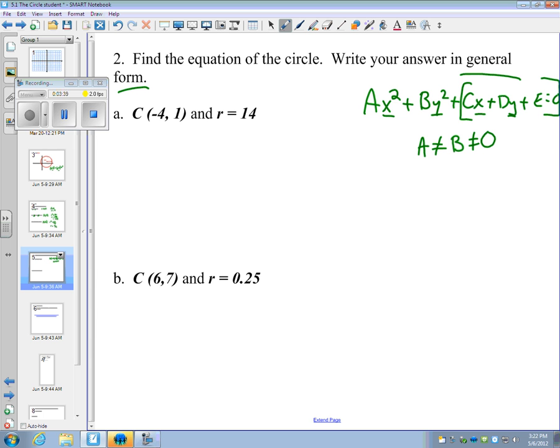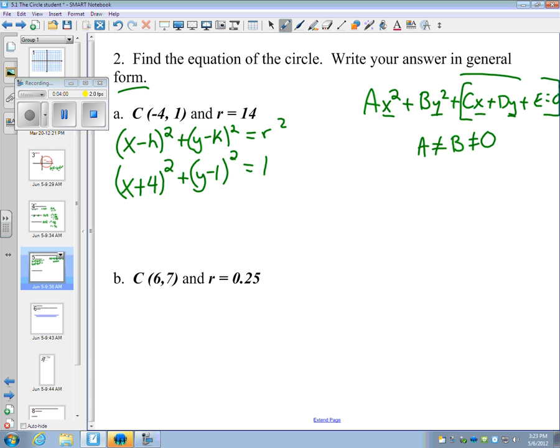Remember that the form we know is (x minus h) squared plus (y minus k) squared is equal to the radius squared. Plugging in what we know, this has to be (x plus 4) squared plus (y minus 1) squared is equal to 14 squared.